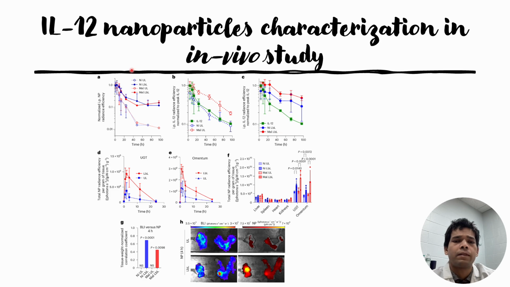So far, the results from the interleukin 12 based nanoparticles seem to be better, as they have a high lifetime, or they are able to be retained in the system for a longer period of time. So now let's see the results for the tumors.